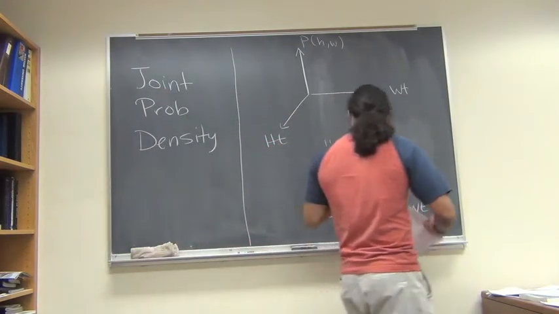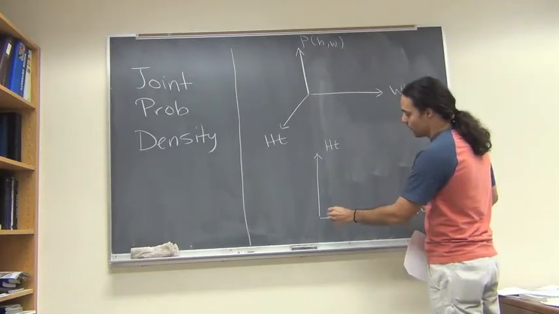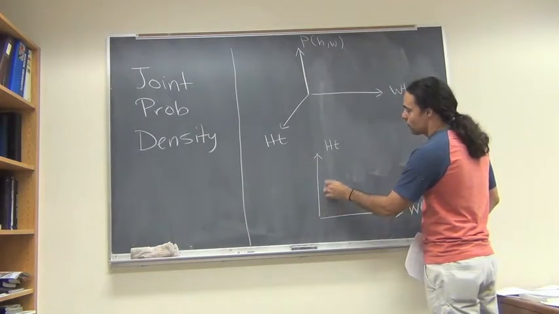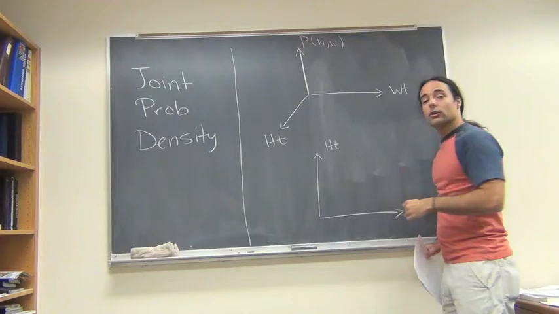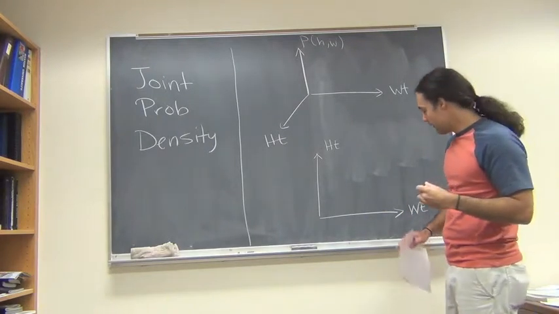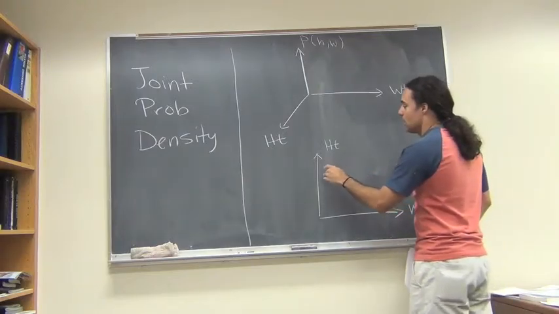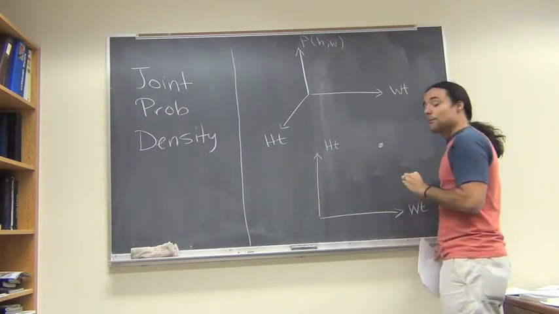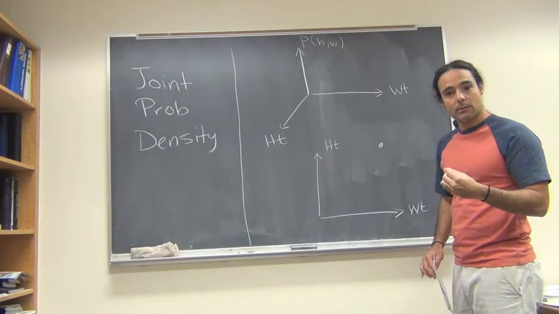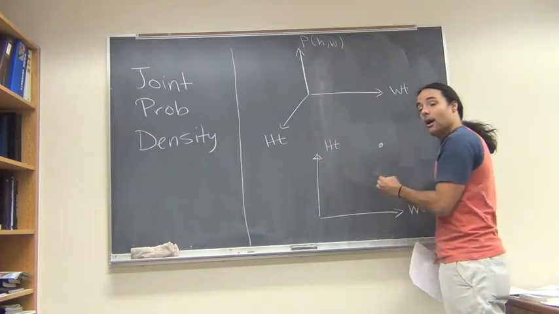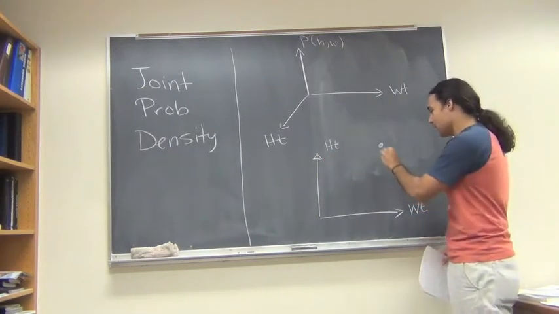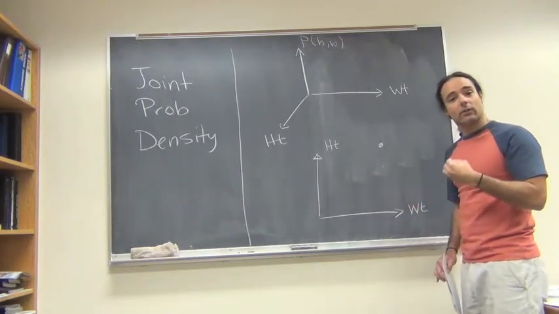So you might suspect that as your height gets bigger, you are more likely to have a bigger weight. Therefore, that point you would expect is going to be fairly large. If I'm way on the high end of my height graph, you would expect to be way on the high end of your weight graph.